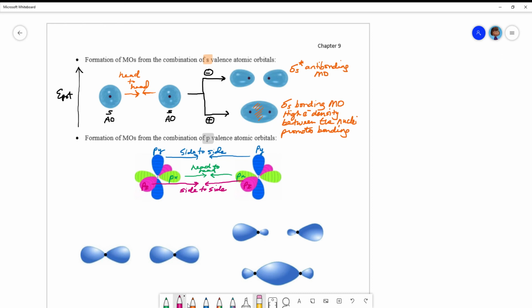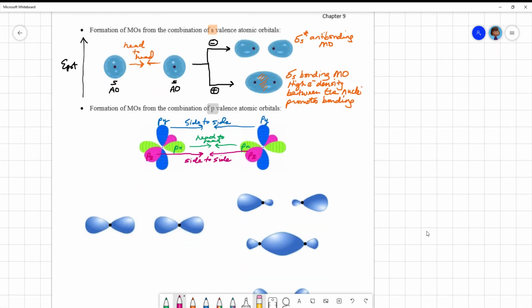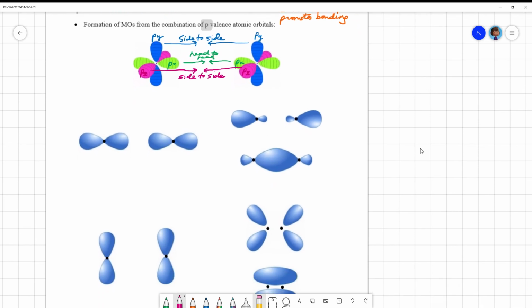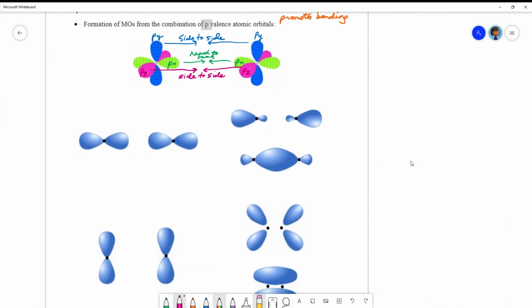So now let's tease it out. Let's see how the px's interact versus the py's versus the pz's in the formation of our molecular orbitals. I'm just going to scroll down a smidge here. In our first diagram, what I have here is a px atomic orbital that is going to be both constructively and destructively combined with another px atomic orbital.